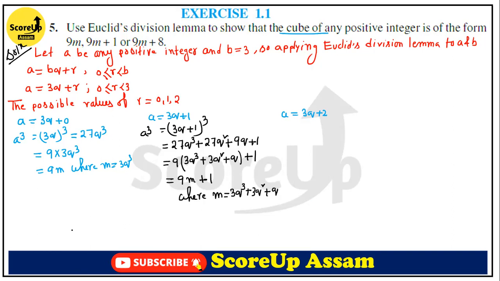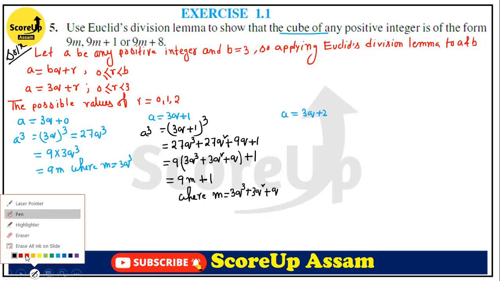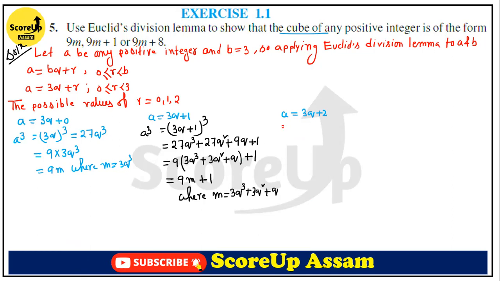Okay. Now let's do it. So the cube of this is (3q plus 2) whole cube. So here ultimately it will be 27q cube plus 3a square b. So 3 square means 9, and 3 nines are 27q square, 27q cube, 54q square ultimately it will be.